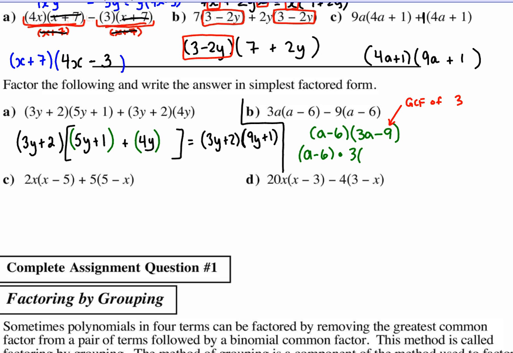Okay, so here, when we factor, if there's a common factor, it must be factored out. Because that's how factoring works. You must always factor out. If there's a common factor, we must always pull it out. 3a minus 9 has a common factor of 3. So we're going to factor that 3 out. Divide each by 3. So put the 3 in front of the bracket, divide each by 3.